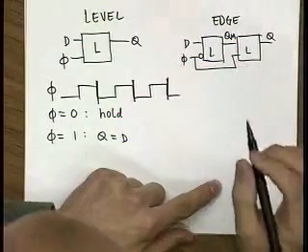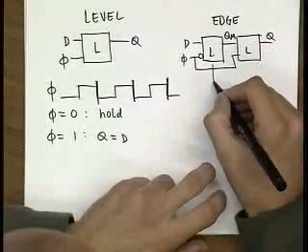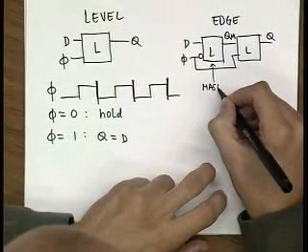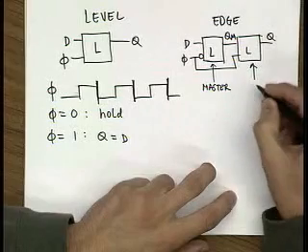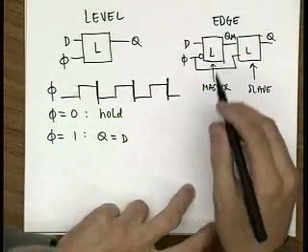So this is clock. So this stage is called the master latch and we have the slave latch.